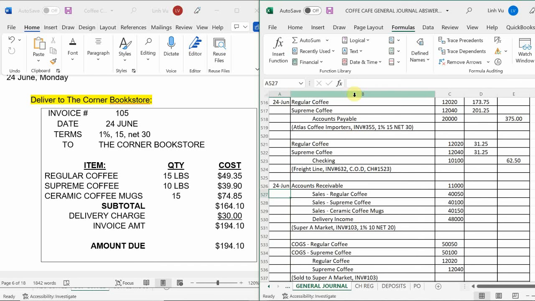Okay. Here you go. We delivered to the corner bookstore. We sold 15 pounds of regular coffee, 10 pounds of Supreme coffee, and 15 coffee mugs, giving us a grand total of $194.10. So let's plug it into our journal.